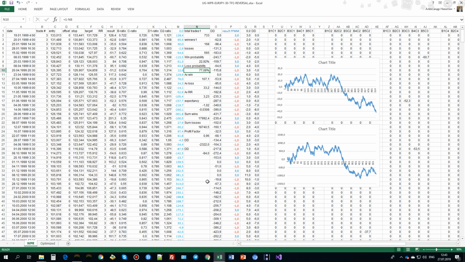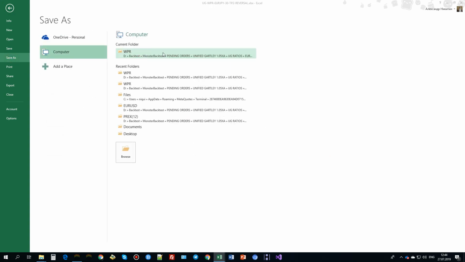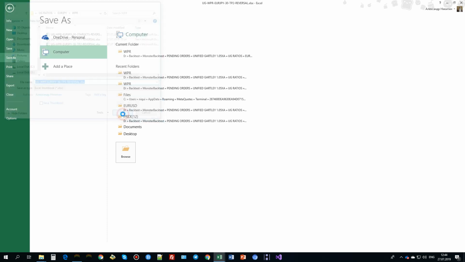If you always trade against the pattern, it will be 77%. And let me save it as take profit 3.